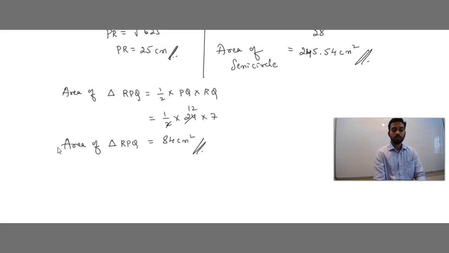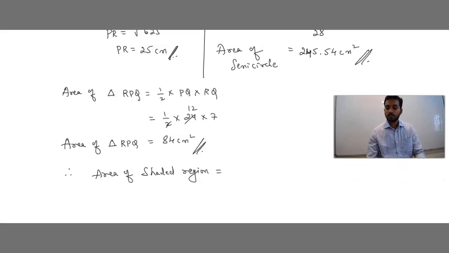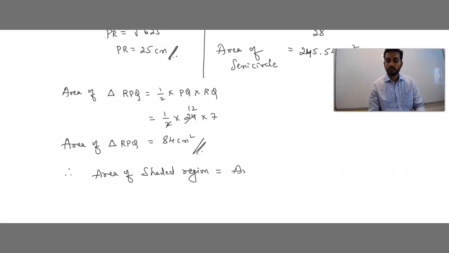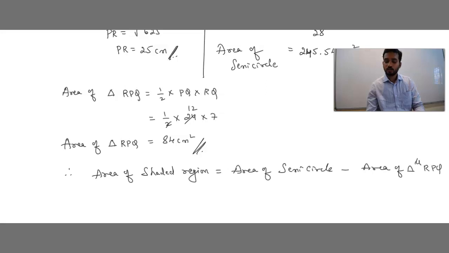Now what is our question? We have to find the area of the shaded part, right? So therefore, area of shaded region equals nothing but area of semicircle minus area of triangle RPQ.